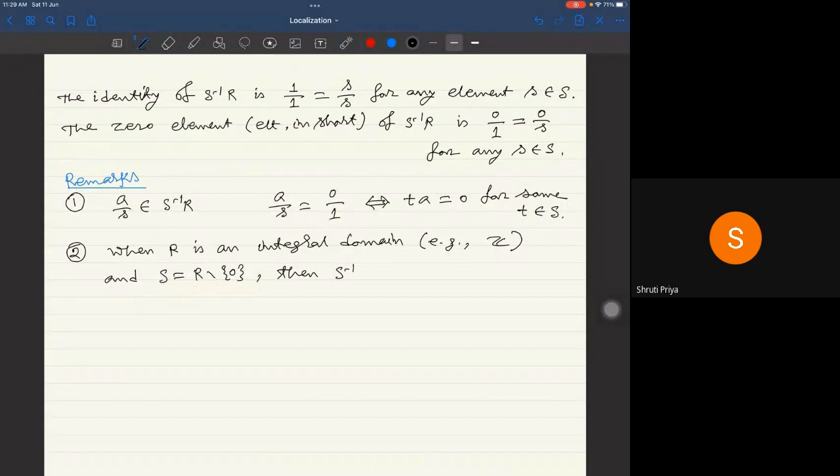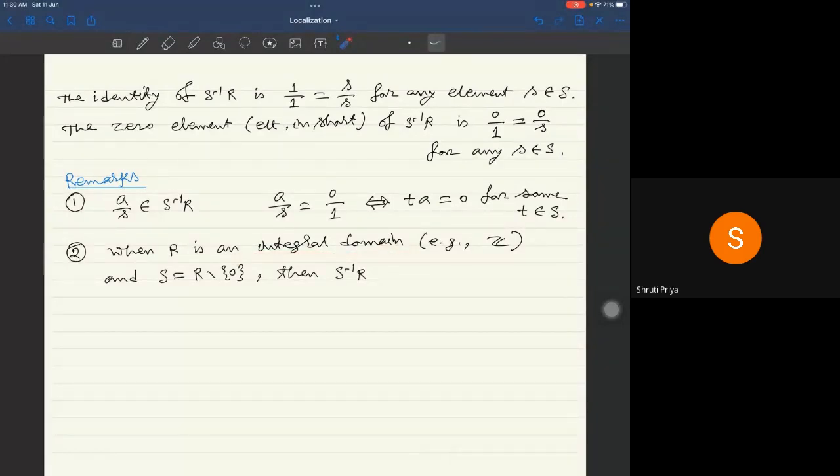So let's say you consider Z, the ring of integers, and S is the collection of all non-zero integers. Is it a multiplicatively closed subset? Of course, yes. You consider two non-zero integers a and b, then their product is also non-zero. The same thing holds true for an integral domain.